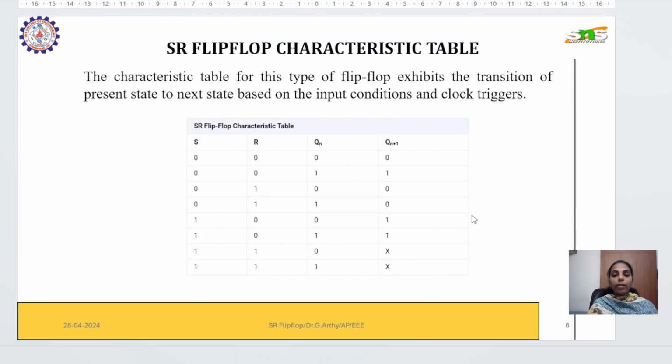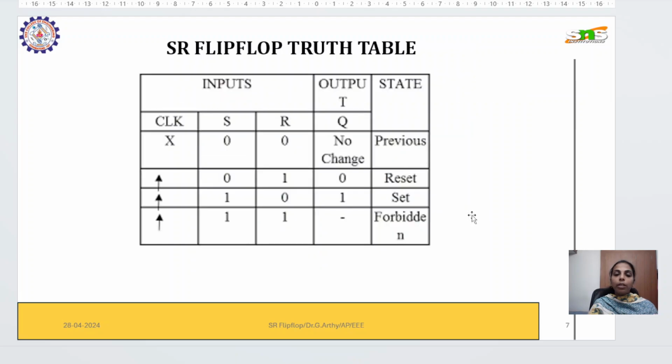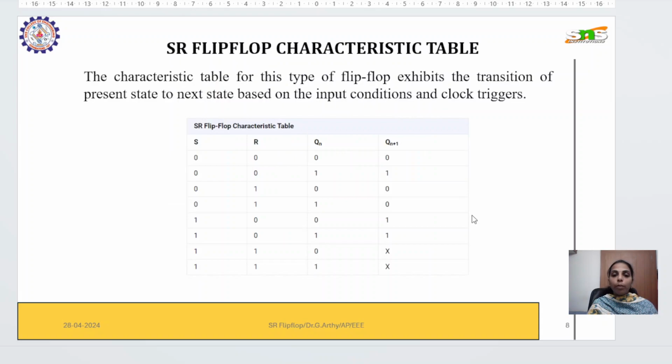This is the characteristic table of a flip-flop. What is meant by a characteristic table? The truth table shows the working: when the inputs are given, what will be the outputs. A characteristic table is one wherein the inputs and the present state are given and the output is calculated.